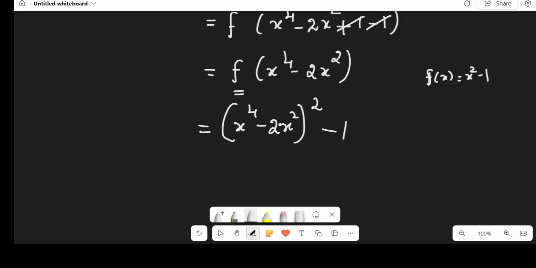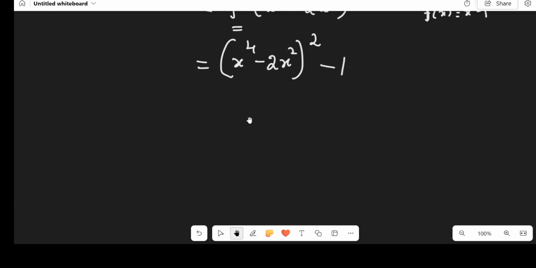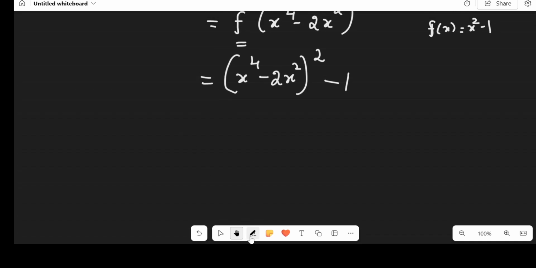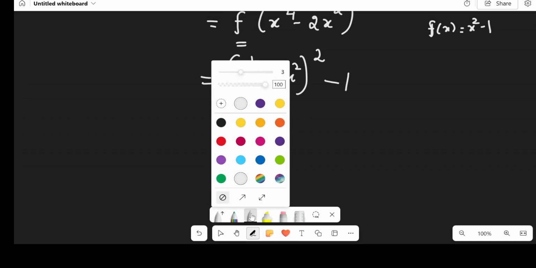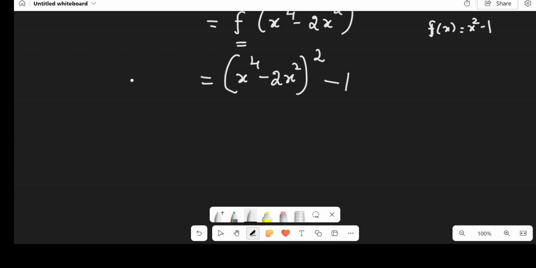No need to expand this. No need to simplify this line again. This is enough. Okay, this is the answer of f of f of f. This is the answer of f of f of f.